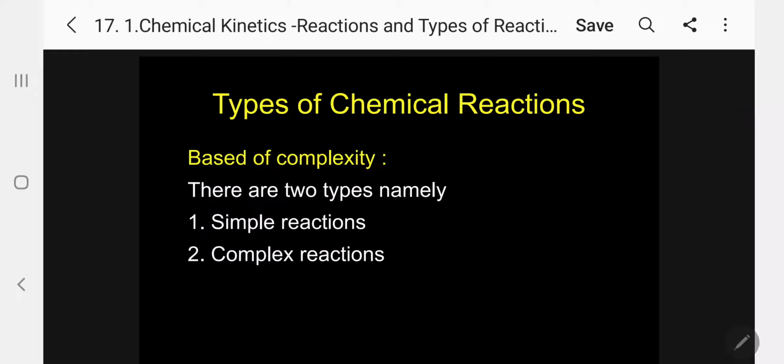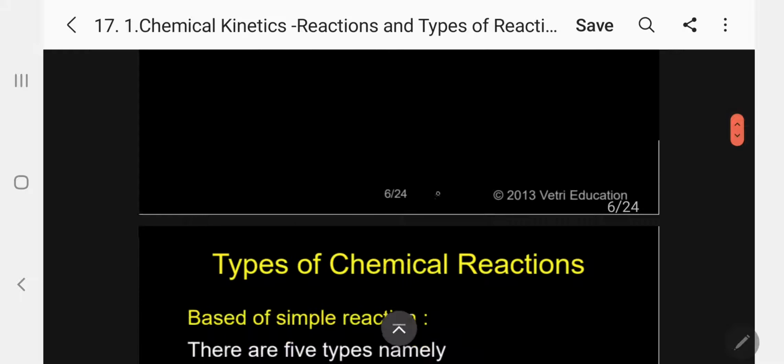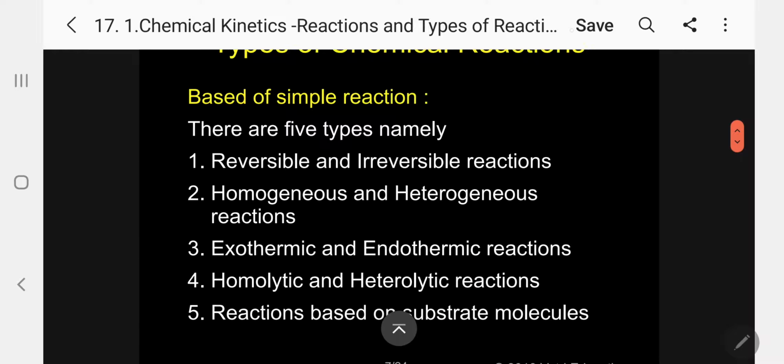Now, types of chemical reactions. I can classify chemical reactions broadly into two types based on complexity: one, simple reactions, and another, complex reactions. Let me explain what are simple reactions and what are complex reactions. Under simple reactions, there are 5 types.